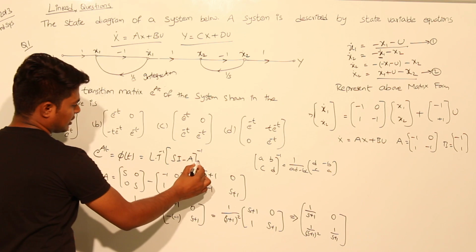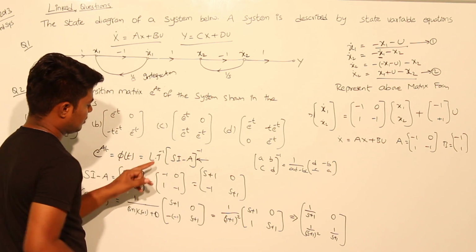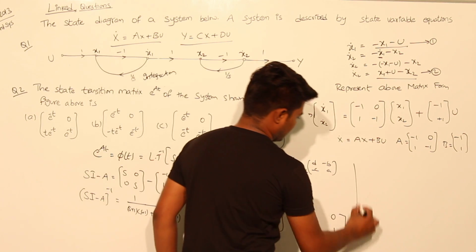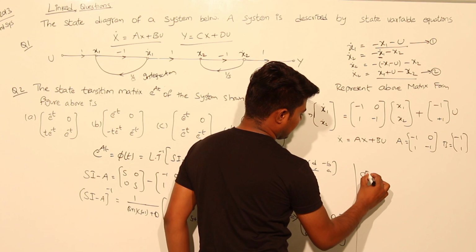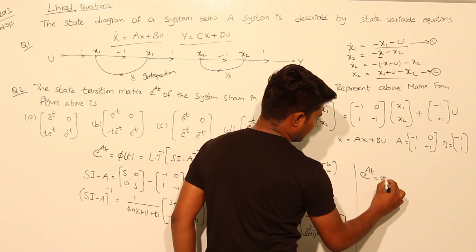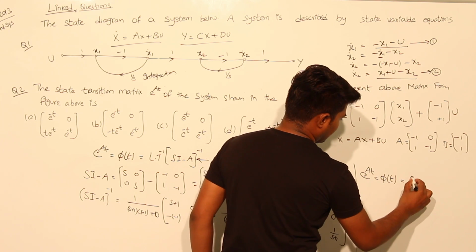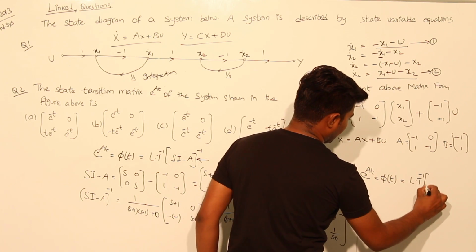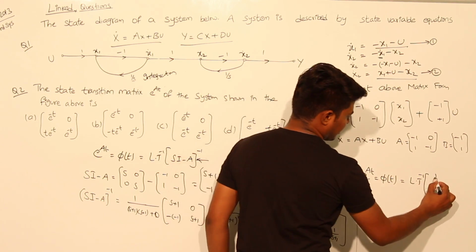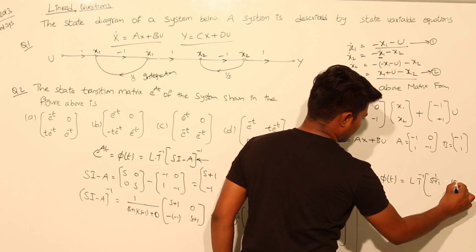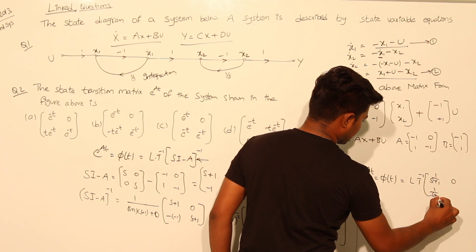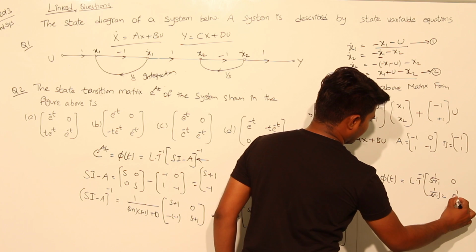Now substitute that in this equation. e power At, which is phi of t, the state transition matrix, is equal to the inverse Laplace transform of [1/(s+1) 0; 1/(s+1)^2 1/(s+1)].